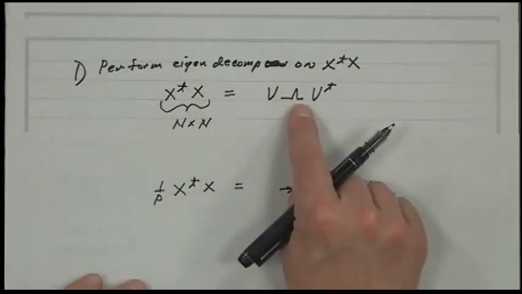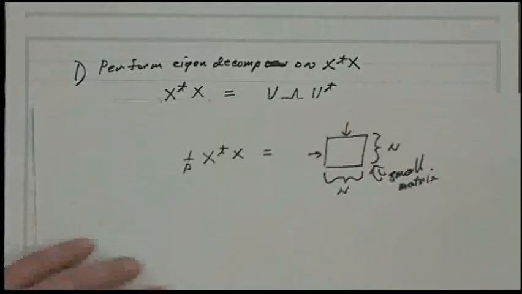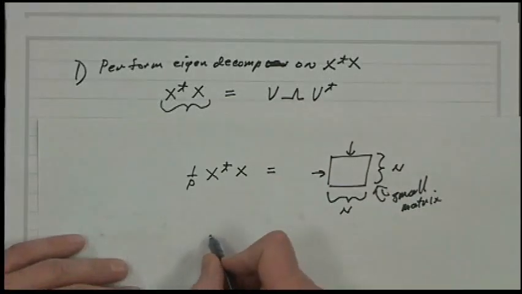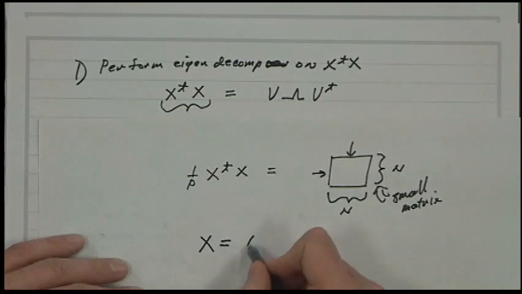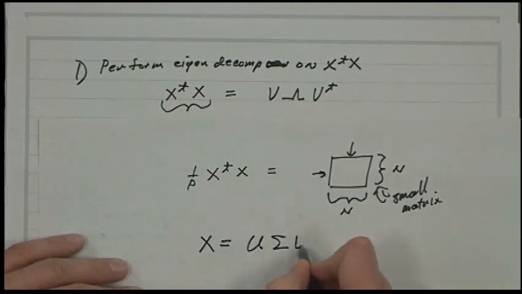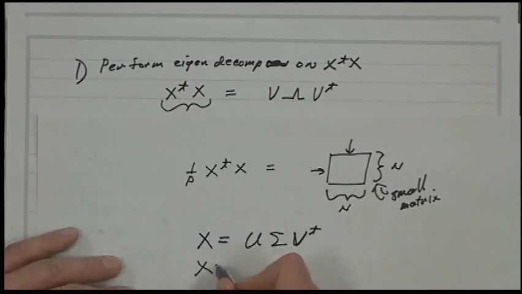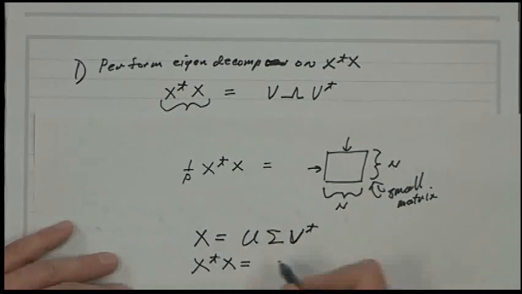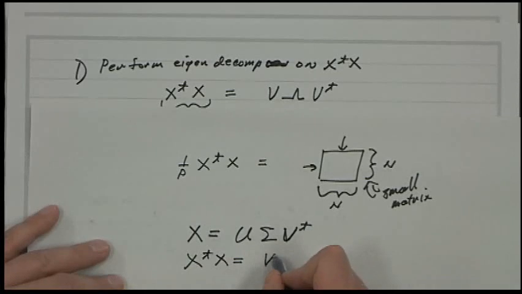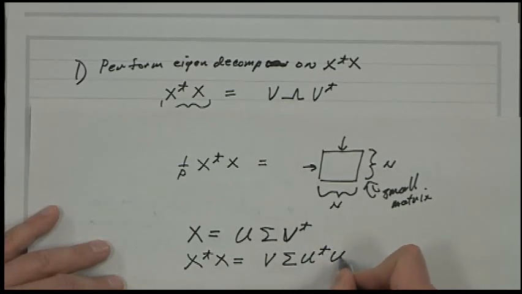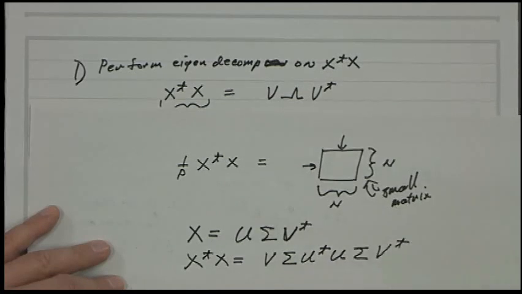So you do singular value decomposition of this, but remember, X here is going to be equal to U sigma V transpose. So X transpose X is equal to V sigma U transpose U sigma V transpose.